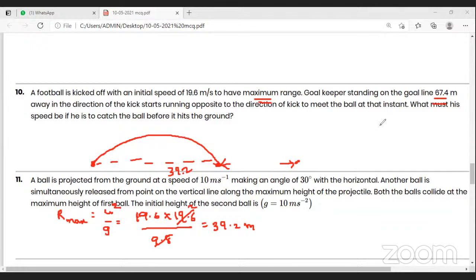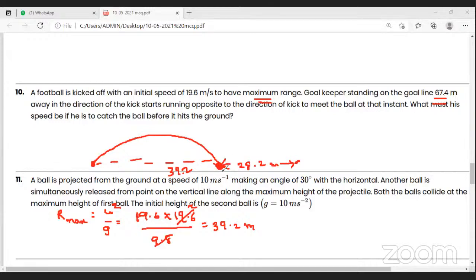That means 67.4 minus 39.2 only. What is 67.4 minus 39.2? I think 28.2. So this much distance the goalkeeper has to travel from here to here to catch the ball.